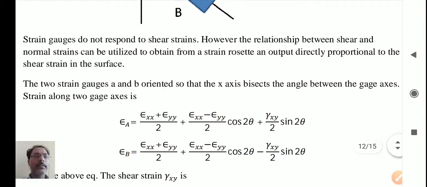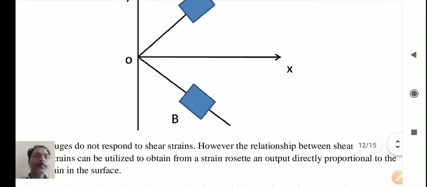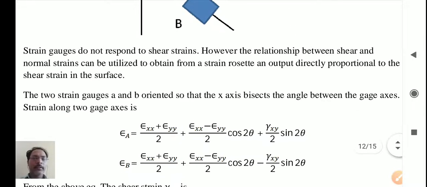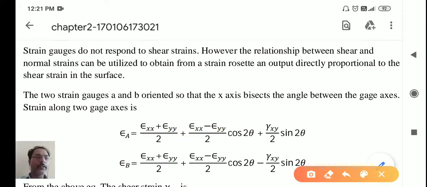You can see these are the two gauges A and B. The two strain gauges A and B are oriented so that the x-axis bisects the angle between the gauge axes.